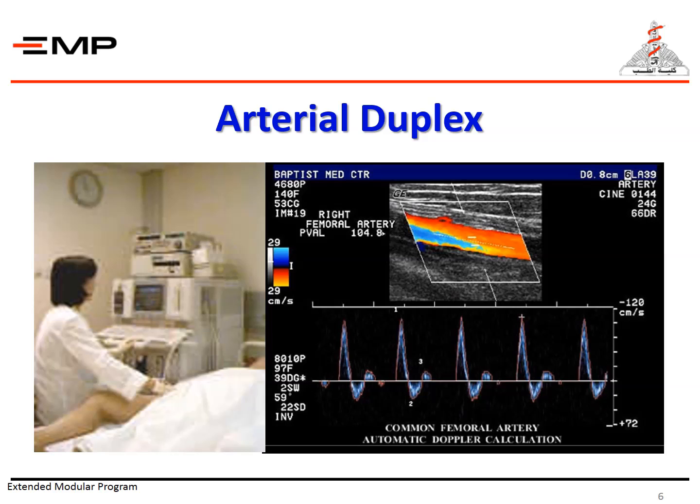This is the arterial duplex. Arterial duplex is a non-invasive imaging modality that can, in its ultrasound mode, visualize the arterial lumen.